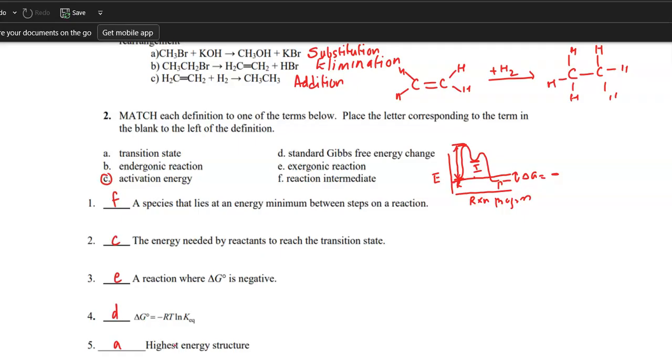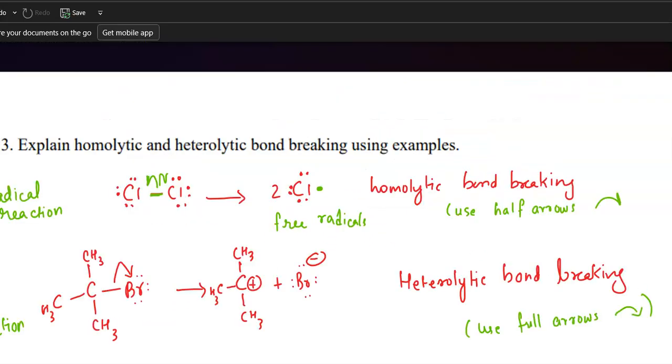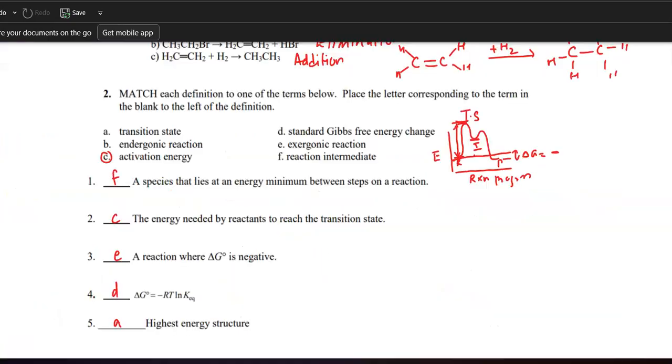That will give you the value of the change in free energy. Number 5, the highest energy structure in a reaction that's shown here. That's called the transition state. See, the highest energy structure, that's a transition state. Okay, so that finishes that question.